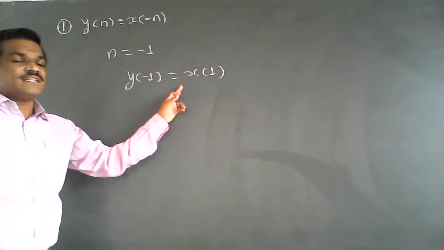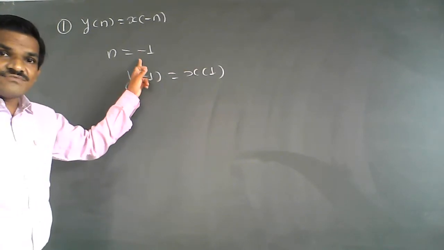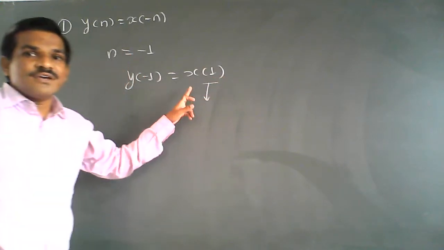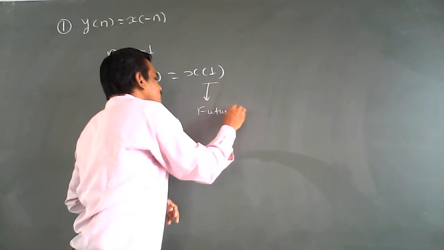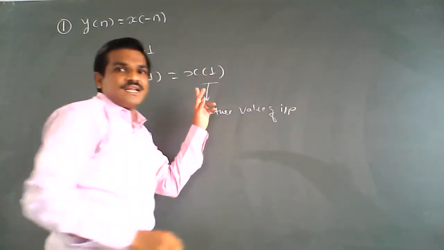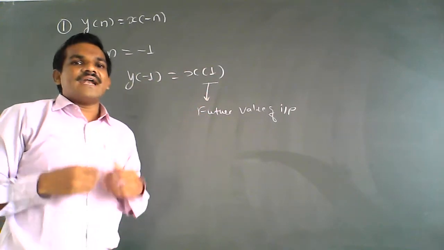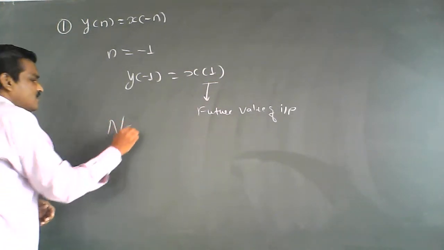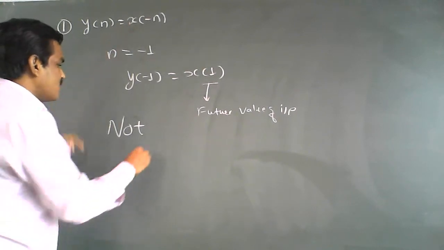That means the output at n equal to minus 1 depends upon the future value of the input signal. Therefore, according to the definition of causality, this system y of n is equal to x of minus n is not causal.